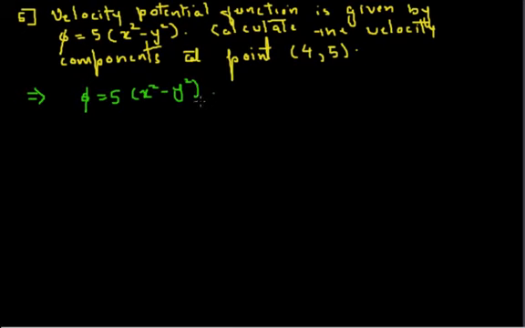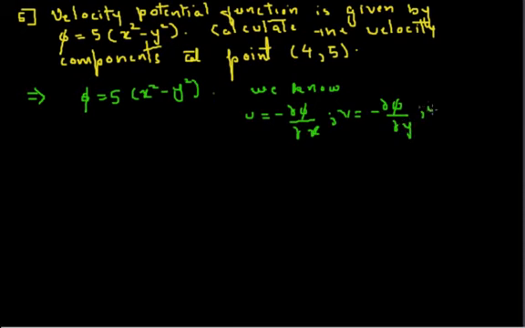Now, as per the property of the velocity potential function phi, we know that u is equal to minus del phi by del x, v is equal to minus del phi by del y, whereas w is equal to minus del phi by del z.